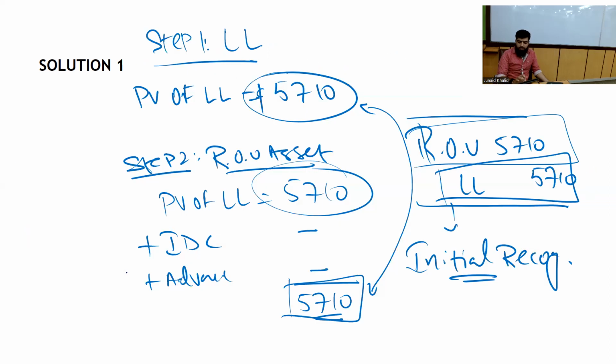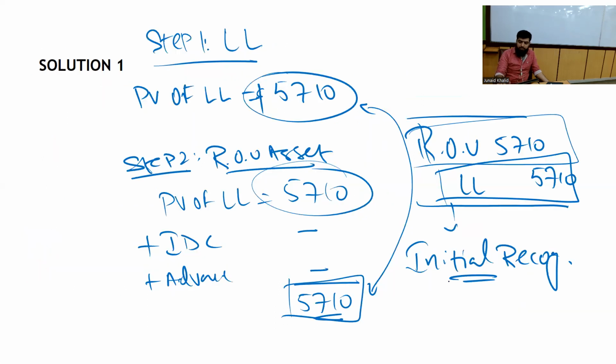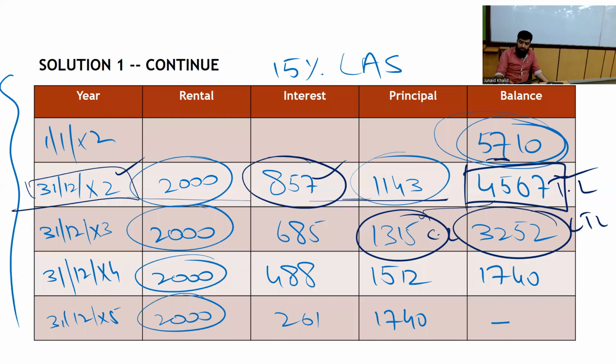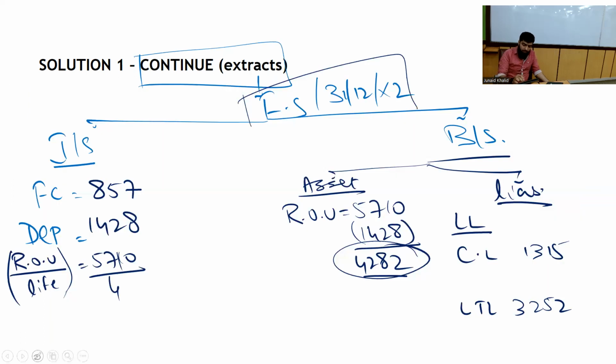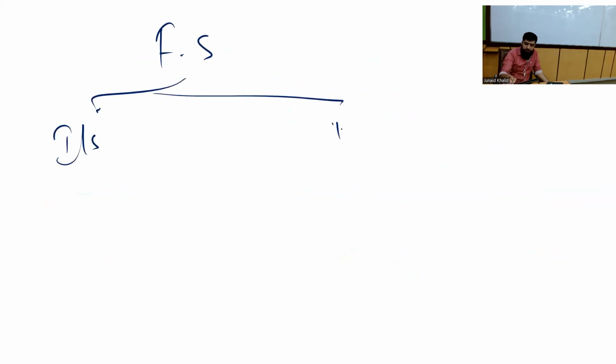But in this question, the requirement is that we need to prepare the extract of 2003, and now how would the extract of 2003 be prepared? Let's have a look at this one. Financial statement extracts, that is income statement and balance sheet.